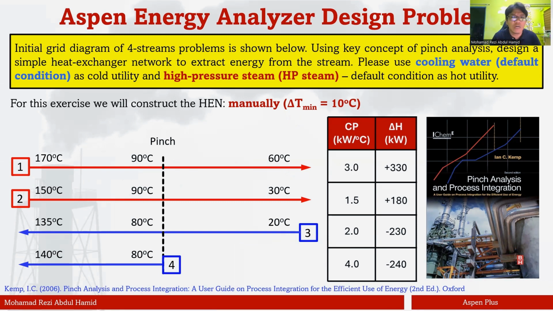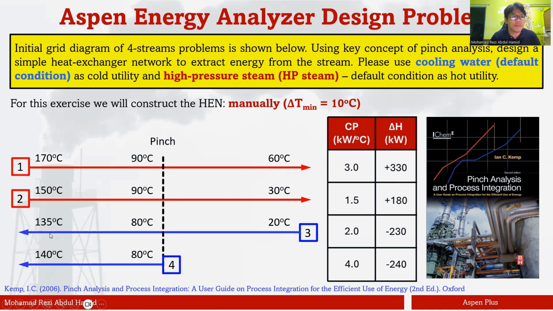As I said earlier, we have 4 streams, 2 hot streams and 2 cold streams. The first stream needs to be cooled down from 170 to 60 degrees Celsius, and the heat load is 330 kilowatt. The second stream needs to be cooled down from 150 degrees Celsius to 30 degrees Celsius, and the heating load is 180 kilowatt.